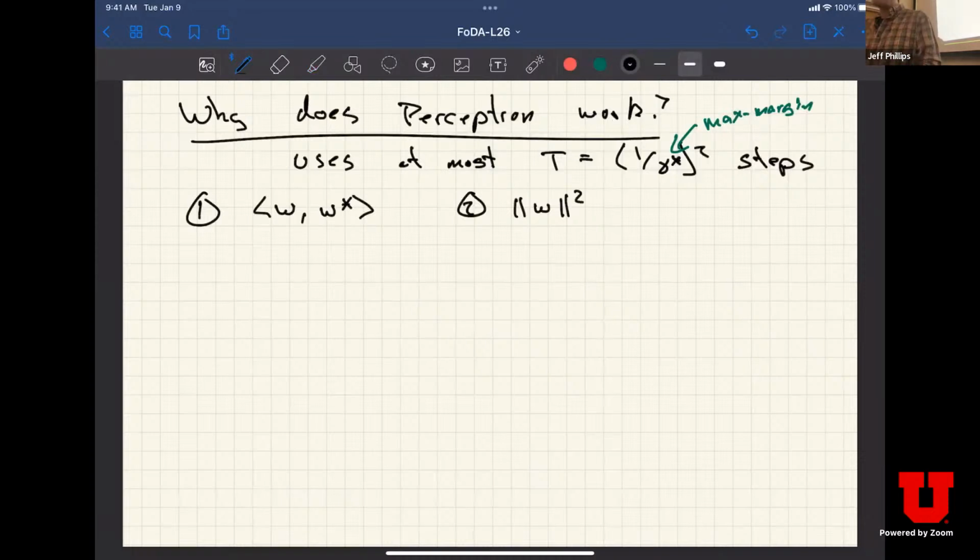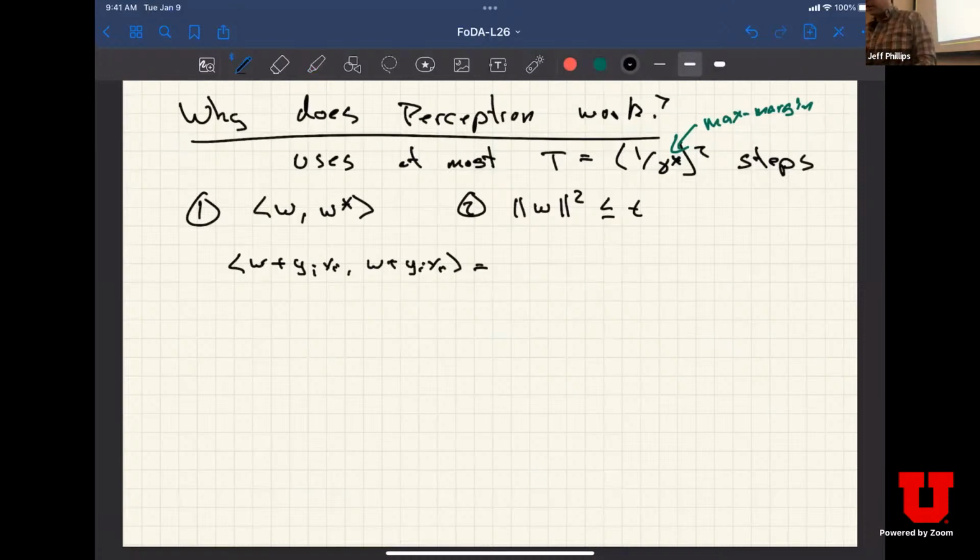Okay, so this first one is a little bit easier to see. We're going to say that this is at most T. So we're going to argue that each step it's going to grow by at most 1, right? So we can see that if we have W after one step, the update we do in any one step is W plus yi xi.